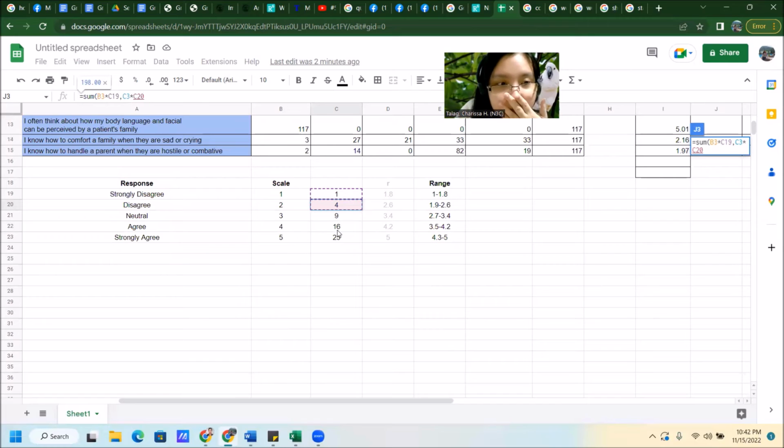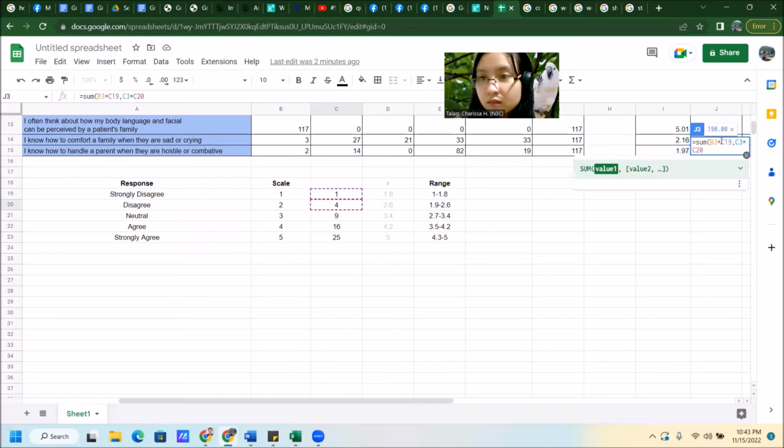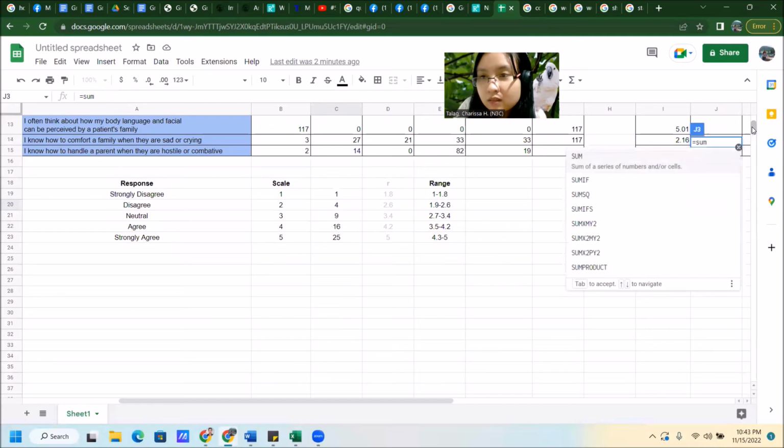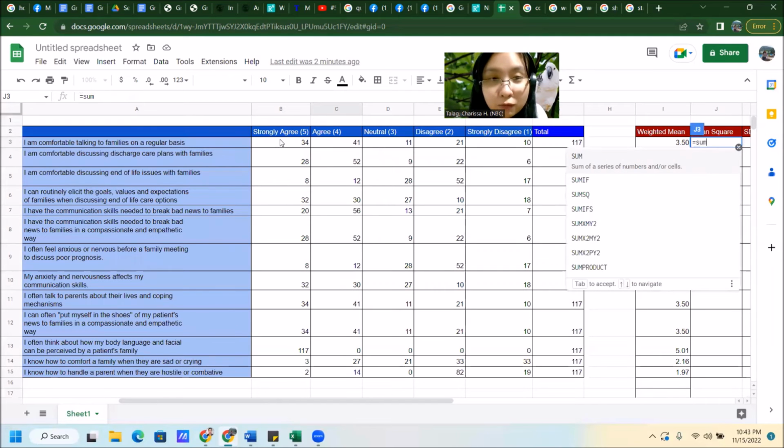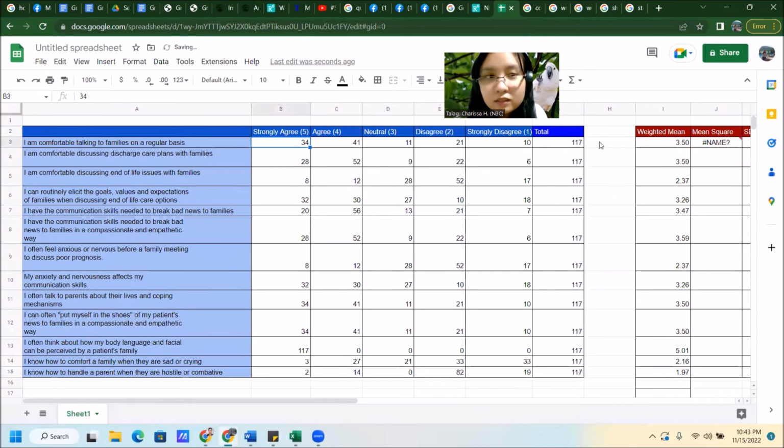Ay, wait. 25 pala dapat. Ulit. Okay, ulit. My bad. We'll start with 34. Okay, ulit sa mean square.